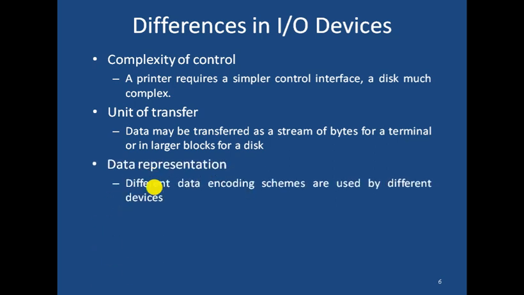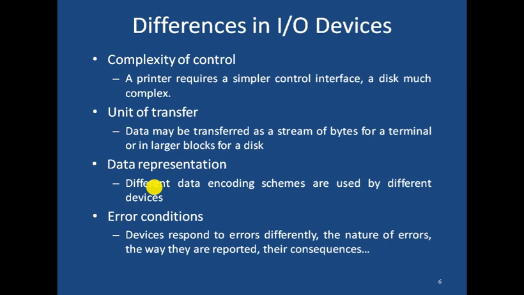Data representation. Different data encoding schemes are used by different devices. Each device has its own instructions, so each device has its own encoding scheme. It may vary from one device to another device. And based on error conditions also, we can differentiate the I/O devices.